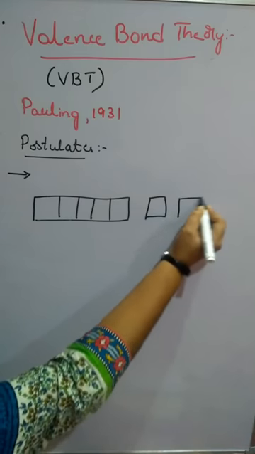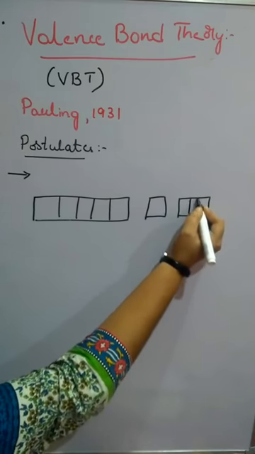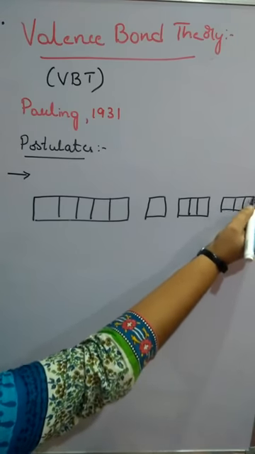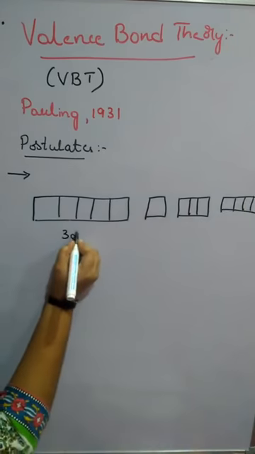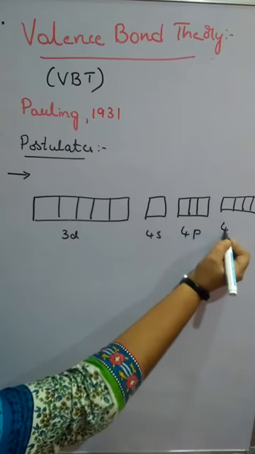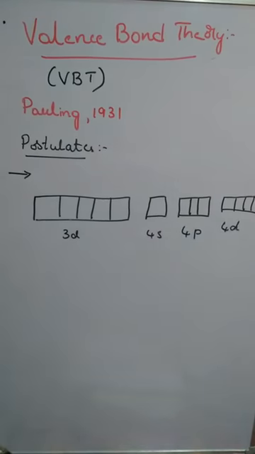When it comes to outer d orbitals, that is 4d. So this is 3d, 4s, 4p and 4d. 4d orbitals may be involved in a few cases. So the 3d orbitals are going to be involved, and in a few cases 4d orbitals will be involved.